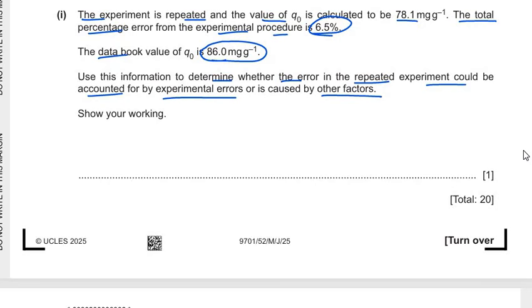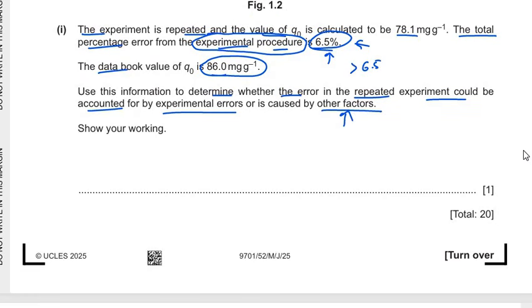Now, how do we find that out? If the percentage error we calculate is equal to or less than 6.5, then it is the experimental procedure error. But if our percentage error is greater than 6.5, then that error may be due to some other factor and not the experimental procedure.